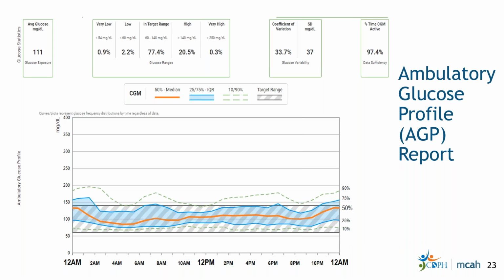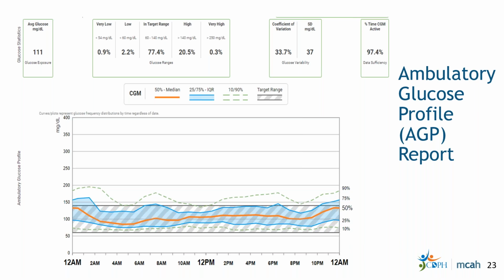And then the outer in this report goes from the 10th to the 90th. Depending on the type of report, some will go to the 5th to the 95th percent. You will note in this report, on the AGP at least, we don't really see hypoglycemia. However, if you look at the key metrics on top, it's saying 2.2% below 60.